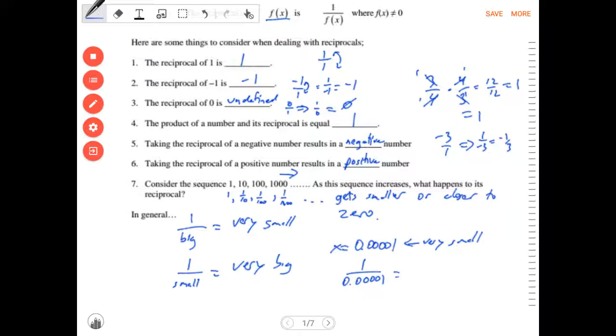Hey, wait a second, that's like 100,000. Holy moly, that is very big. So in general, 1 divided by big is very small, and 1 divided by small is very big. Awesome. Moving on.